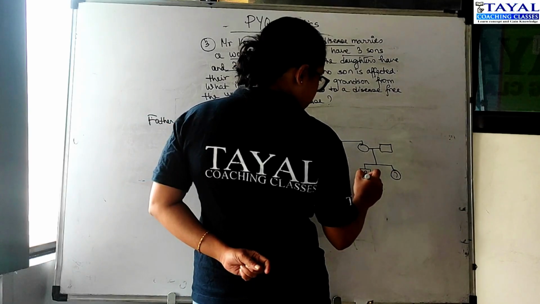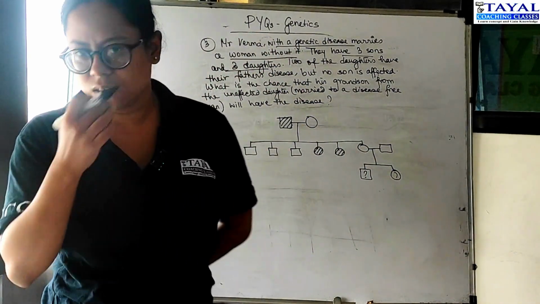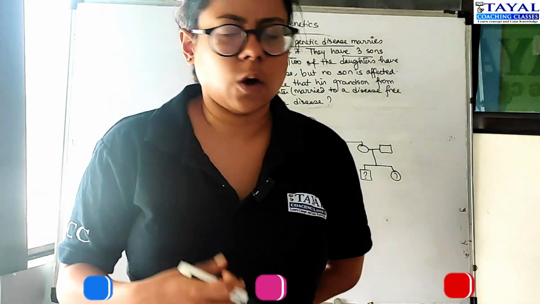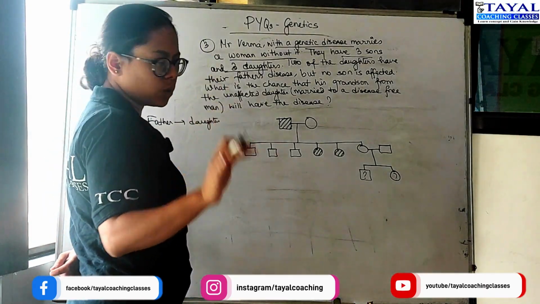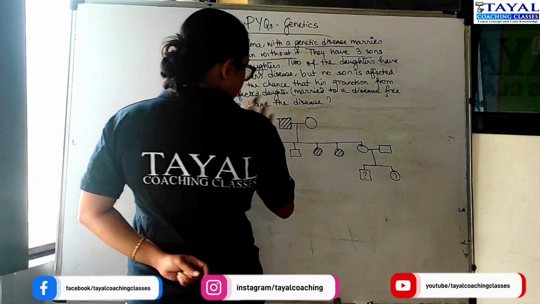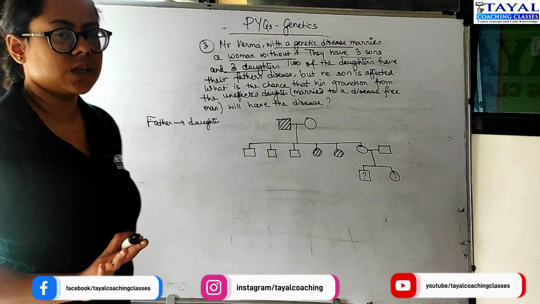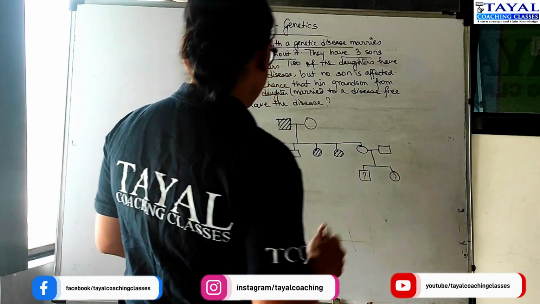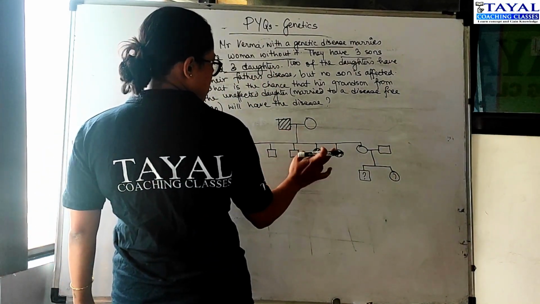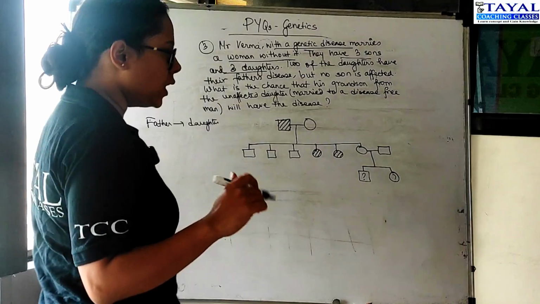Correct? To understand this, you have to figure out whether the disease is recessive, dominant, X-linked, or autosomal. From this pedigree itself, it's impossible to say whether it's recessive or dominant. Why? Because the parent is diseased, and the daughters have the disease.